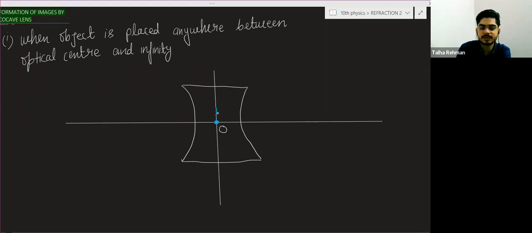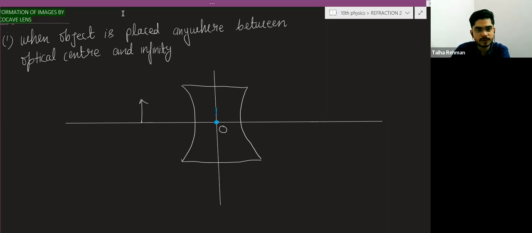O is the optical center, and anywhere means you can put it here, anywhere between the optical center and the infinity. Infinity is a very large distance. So suppose your object is here. This is your object.